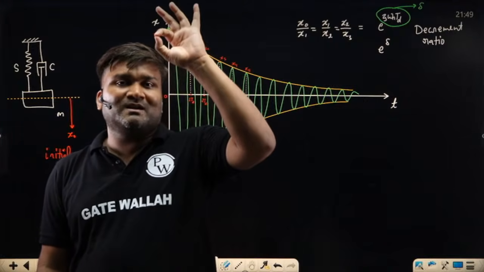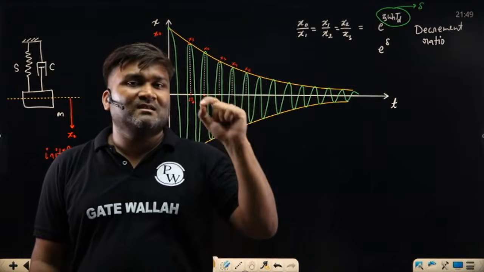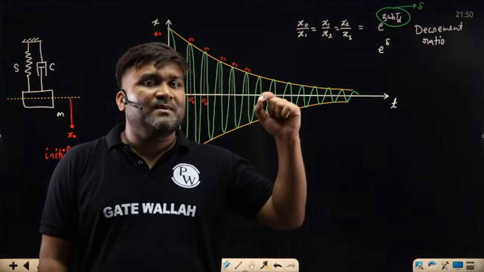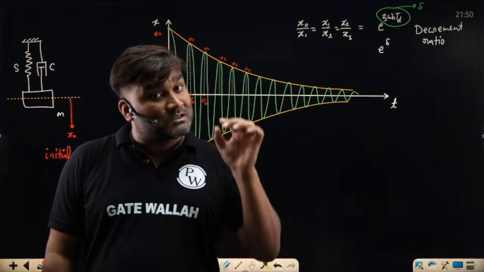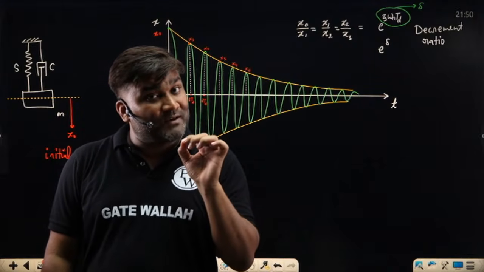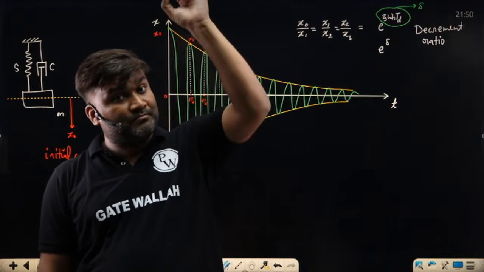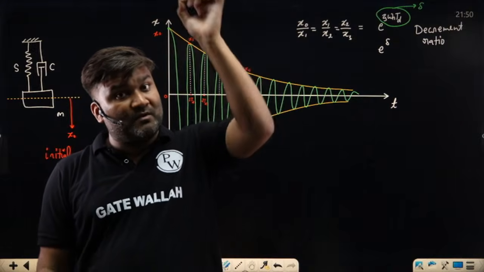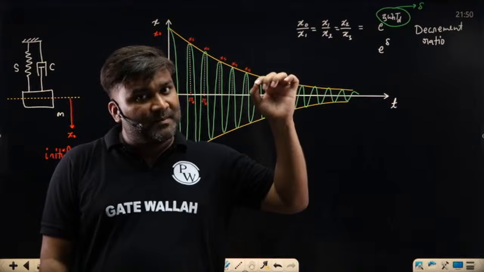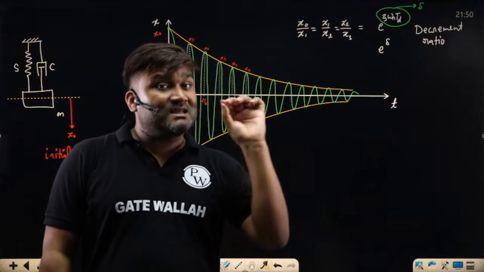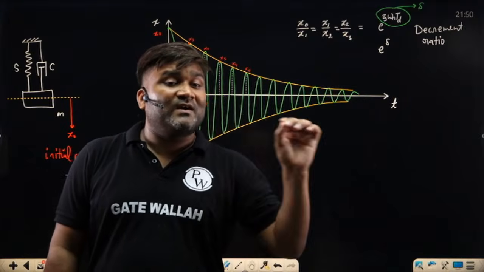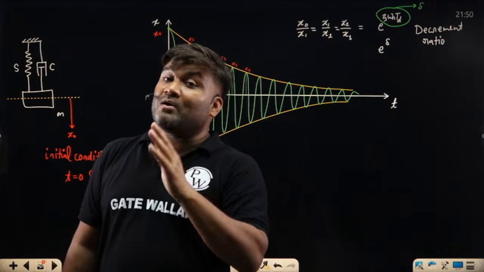Initially you have disturbed it by 12 mm, so after one cycle 6 mm, 3 mm, 1.5 mm, something like this. Haan sir, same system, if you take it to 20 mm and release it, after 20 mm it will be 10 mm, 5 mm, 2.5 mm, 1.25 mm. So that tendency is making amplitudes half. Who decides this? The system has already decided it.